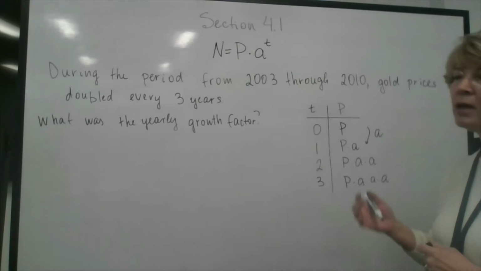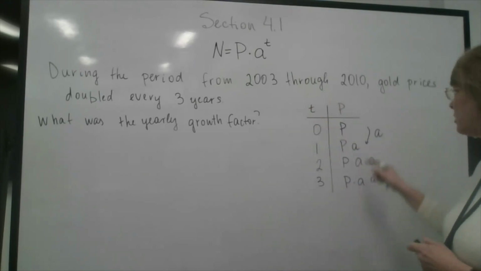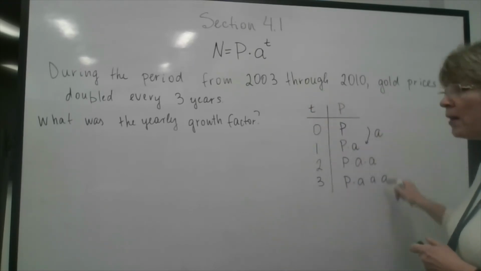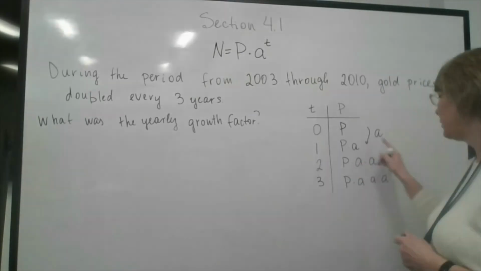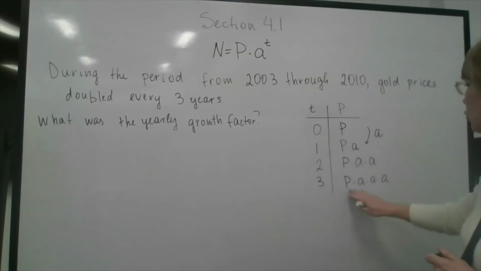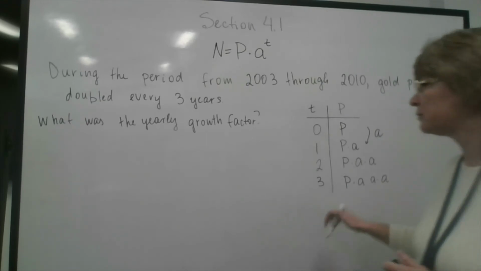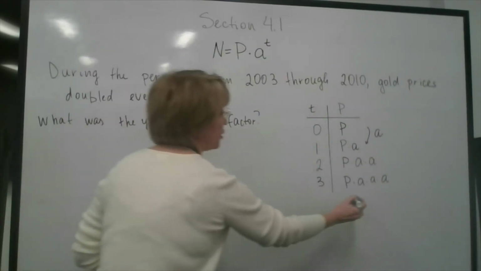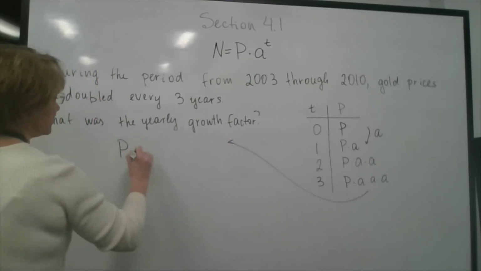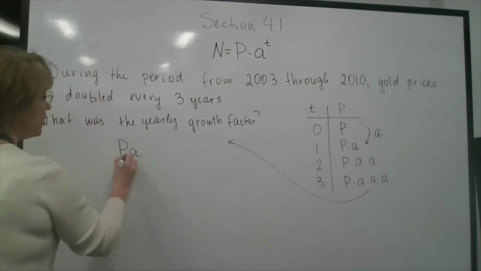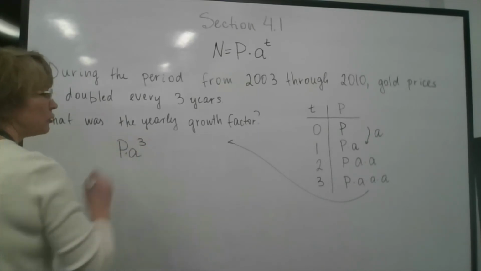You remember, the exponential model is when you multiply by the same number. That's called a factor each time. So you see, after 3 years, from here, I'm going right here. After 3 years, the price will be P times A to the third power.